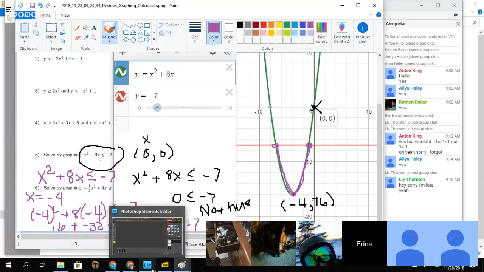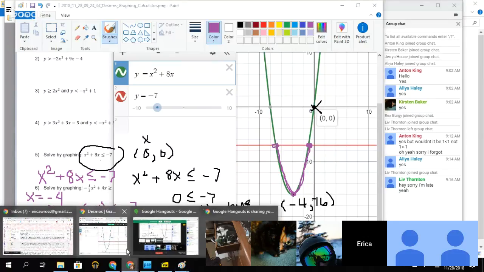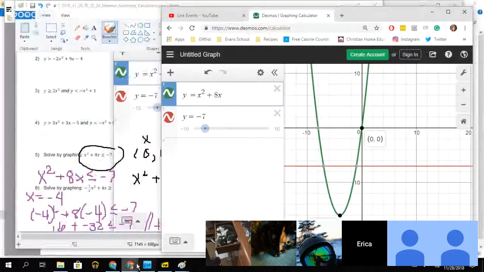Okay, so if I go back here to my Desmos, right? Somewhere's Desmos. There you are, Desmos. Oh, here it is. Okay. So between x equals negative 7 and x equals negative 1, those are all the values that are true for this equation.